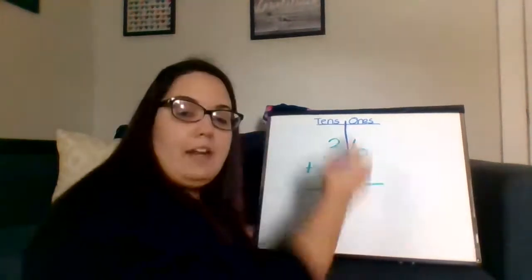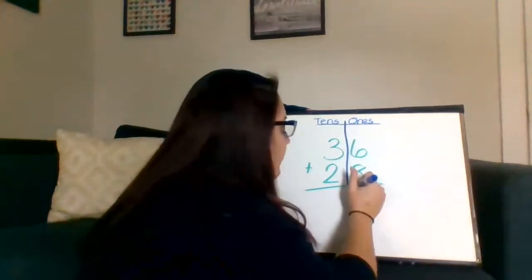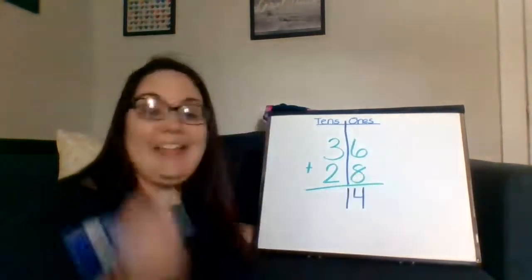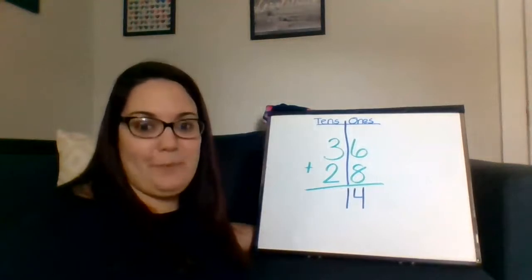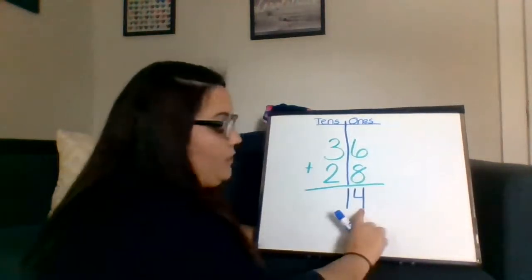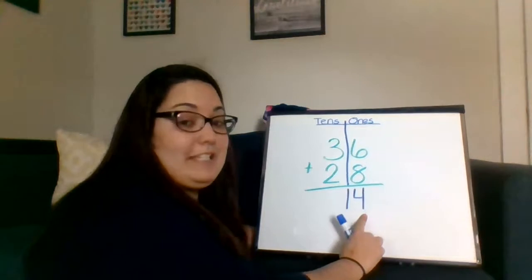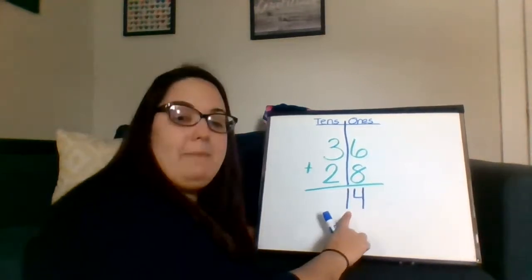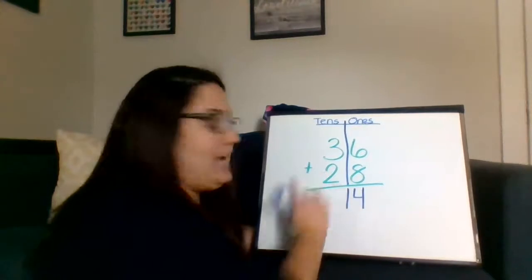So if I'm putting my answer in the ones column, I have a 1 and a 4. That makes another two-digit number. Now, this 4 is in the ones place, so it can stay here. But this 1 is in the tens place. That means I have to add this to my tens.